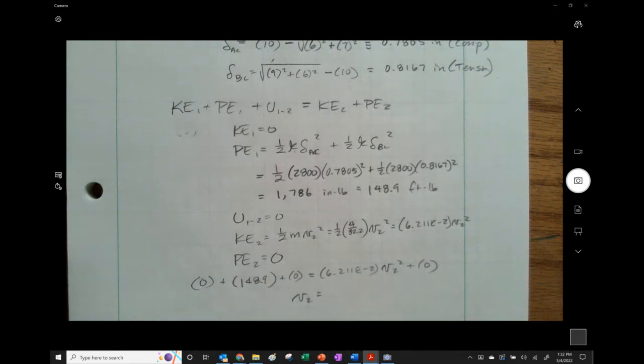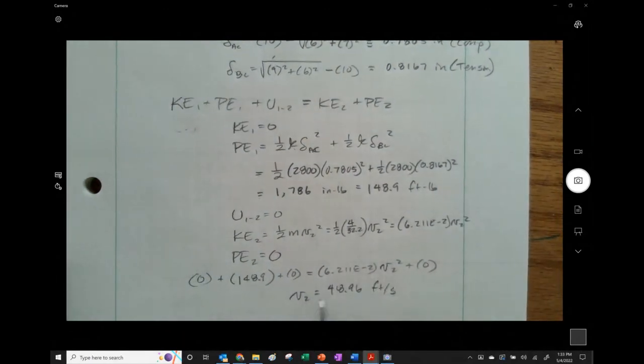I just divide that and square root it. And how did I do? Yeah, I got it right. Okay, yay. 48.96 feet per second, which was the answer.